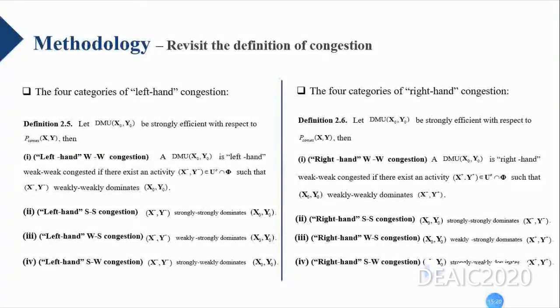Consequently, we can define the 4 categories of congestion based on the local left and right congestion definitions, respectively.